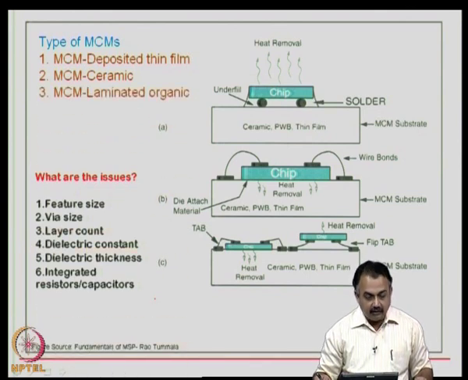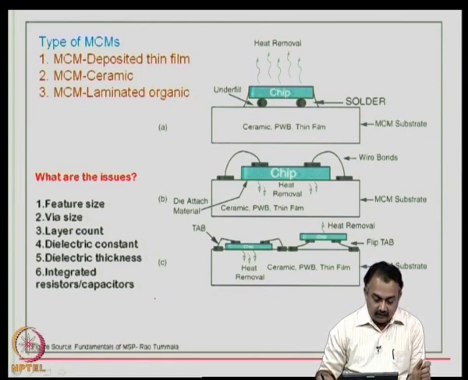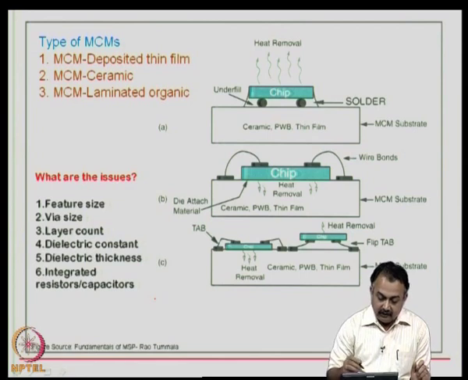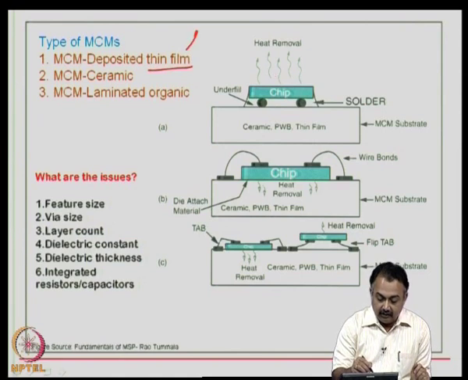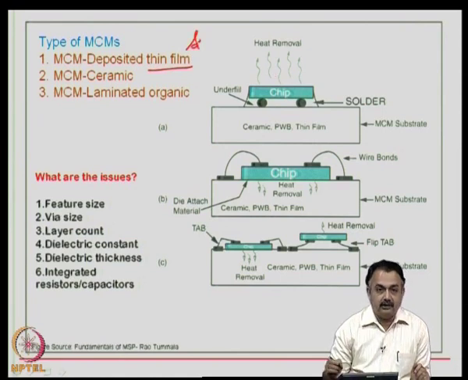The third one is known as MCM-L, also known as multi-chip module laminated organic substrate. So, in the first case, you are going to deposit thin film for creating conductors on the substrate. So, typically this is something like a silicon process, fab process.